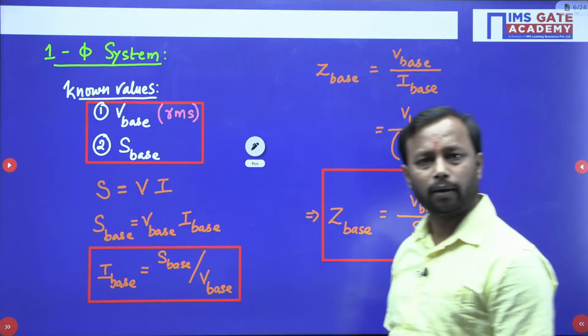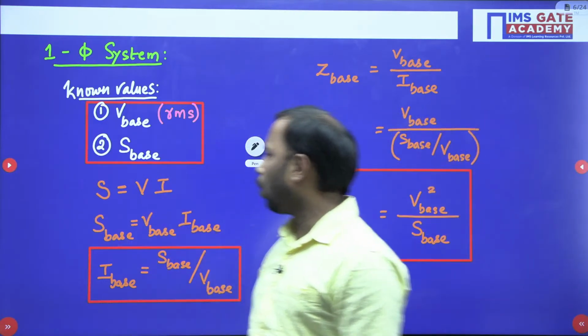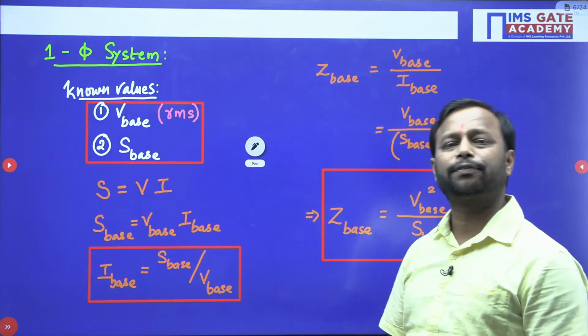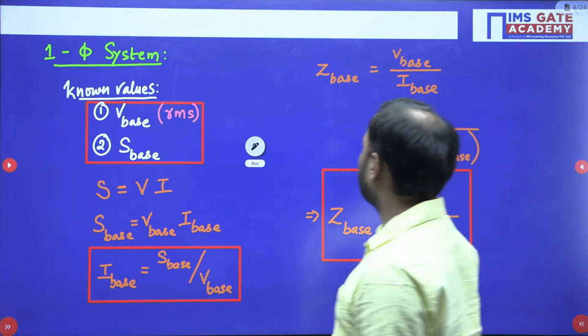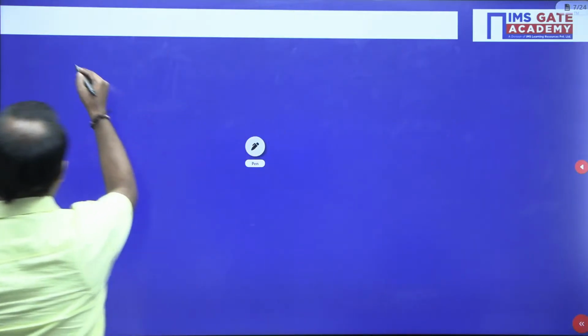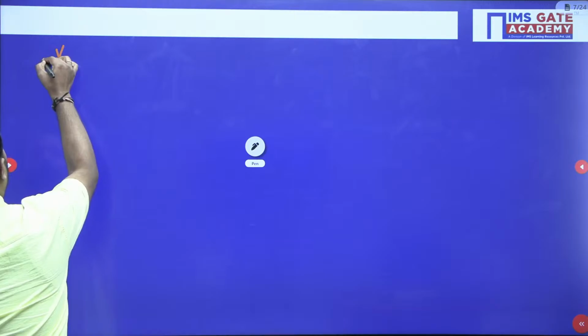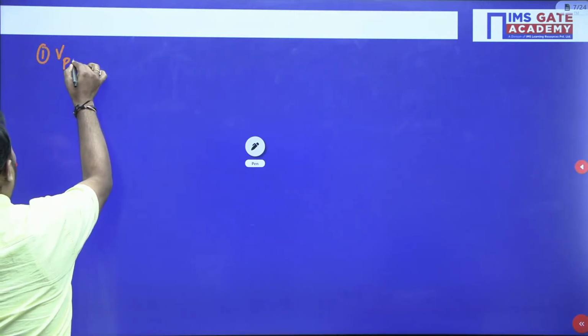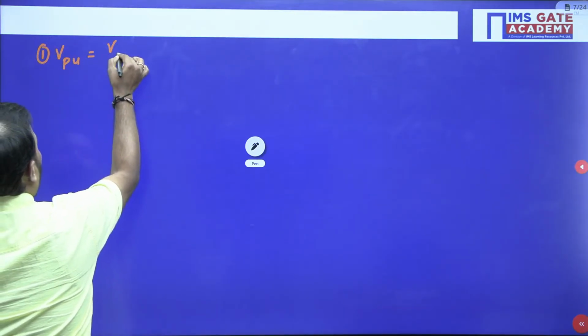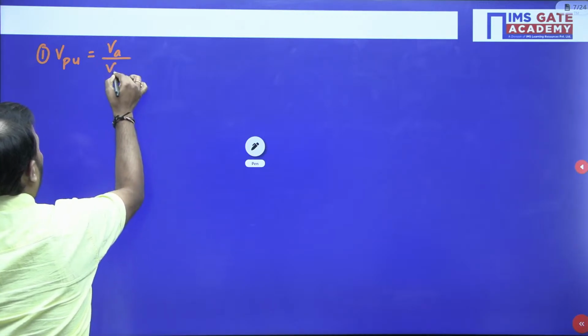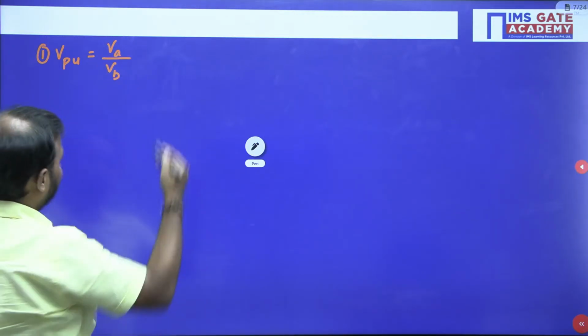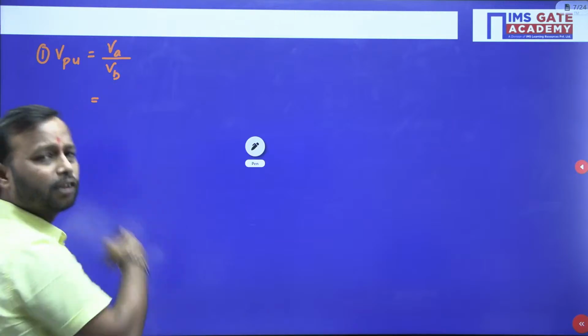Okay, since we have got all the base values, now let us find the per unit values for all quantities. V per unit, let me take the first one. This will be V actual divided by V base, which is nothing but the definition of per unit value.